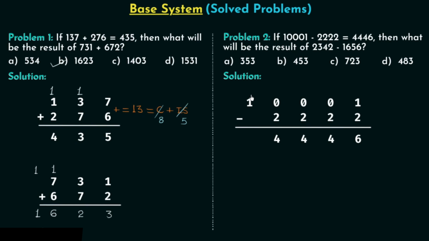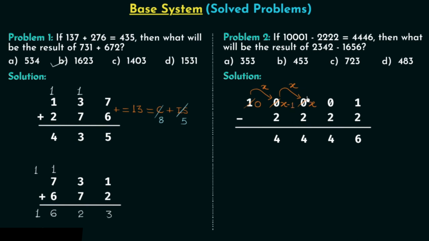So 1 will give x to 0, x plus 0 will be x, and here we will have 1 minus 1 equal to 0. Moving further, we will give x to this 0, so here we will have x plus 0 equal to x, and here we will have x minus 1.